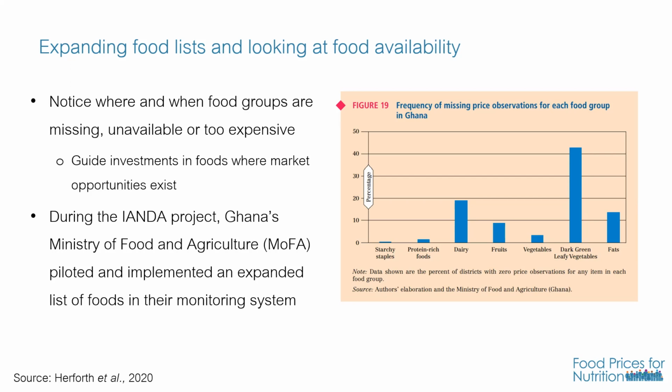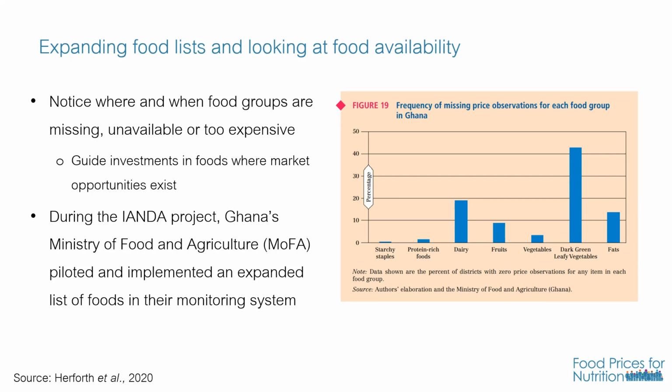It either tells us that that data needs to be collected, or it tells us possibly that that type of food is not available. If it's not being tracked, then it might just be missing data. And that's good to know, because if food is not available, that can guide investments in these foods where market opportunities exist. So how can we get more dark green leafy vegetables to people?